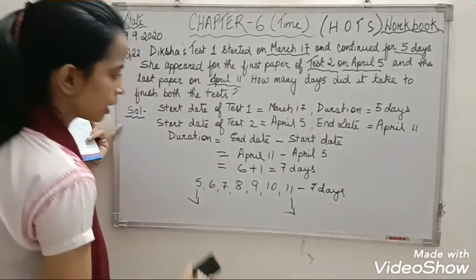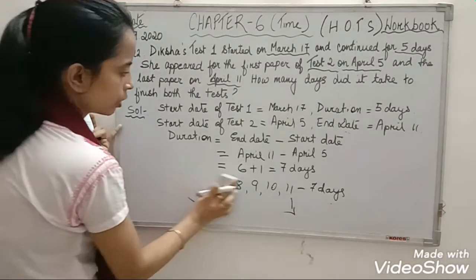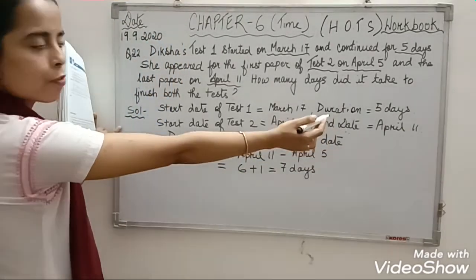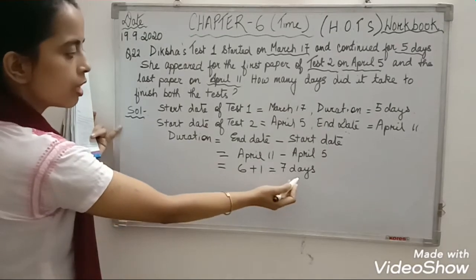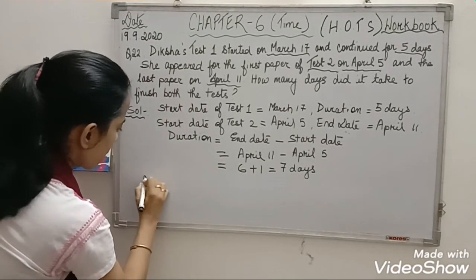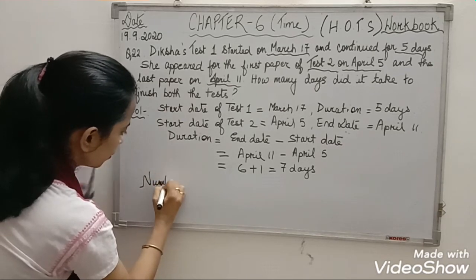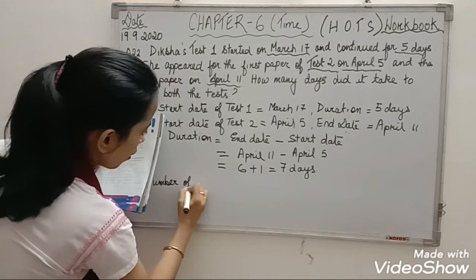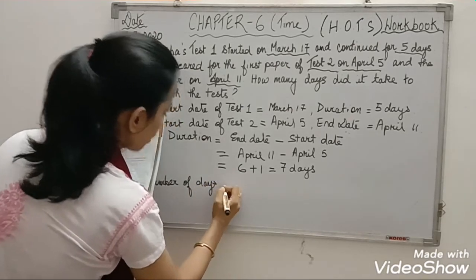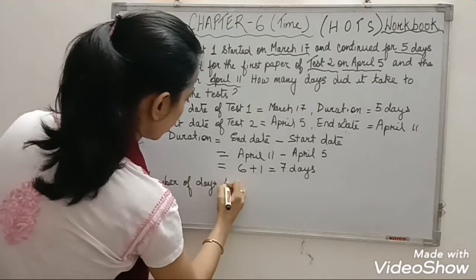The question is asking how many days it takes to finish both the tests. So you have to find the duration of both tests. The first test duration is 5 days. The second test duration is 7 days. So here what will we write?